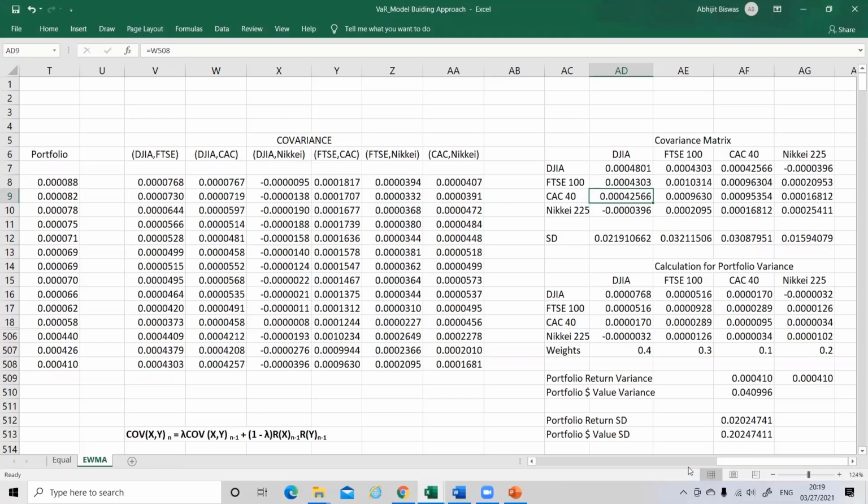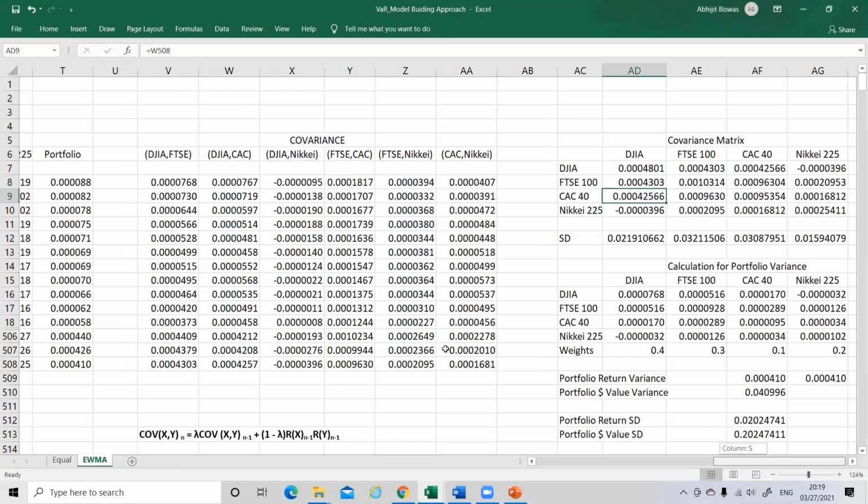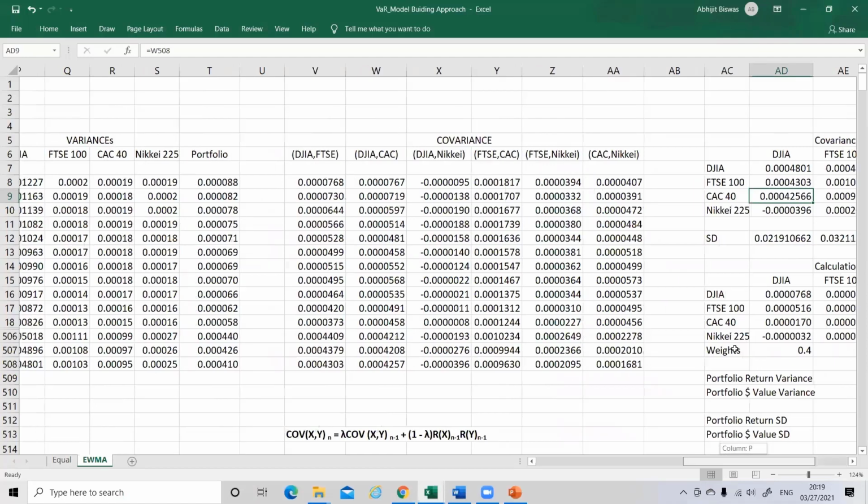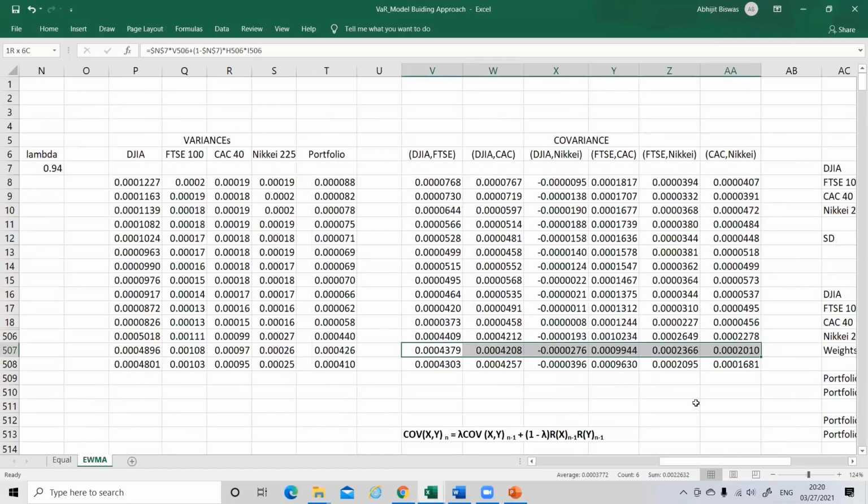Now see, till this you have already calculated. Yes or no? Till 507 you have already calculated covariance for different pairs, right? So what you just have to do is drag it. First select from V507 till AA507 and just drag it down like this.